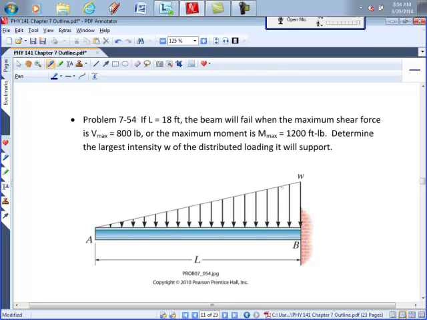Okay, to what end? And how do I know what Vmax is? Oh, sorry, I know what Vmax is, but that's not going to tell me necessarily what this equivalent force is.